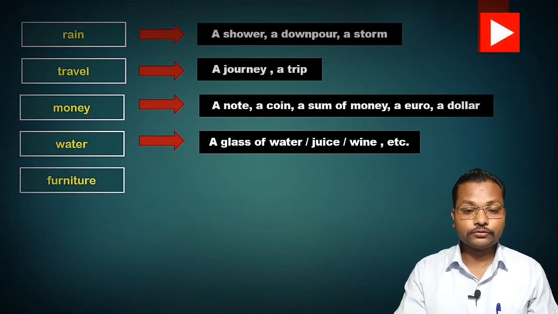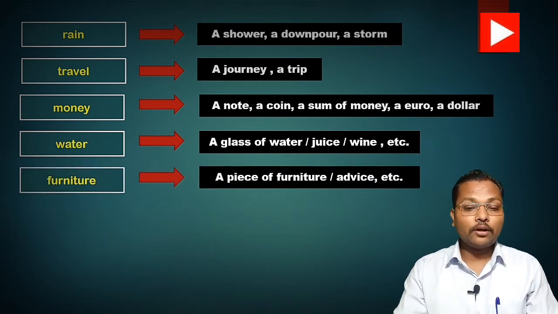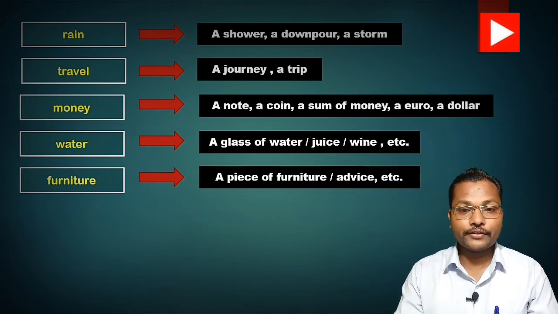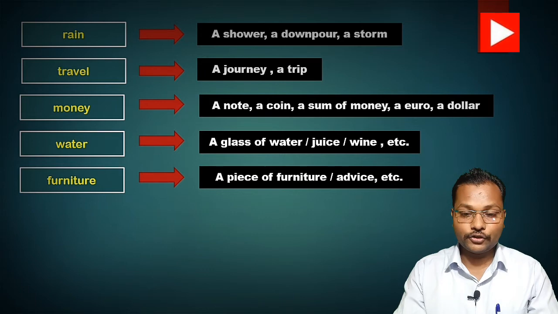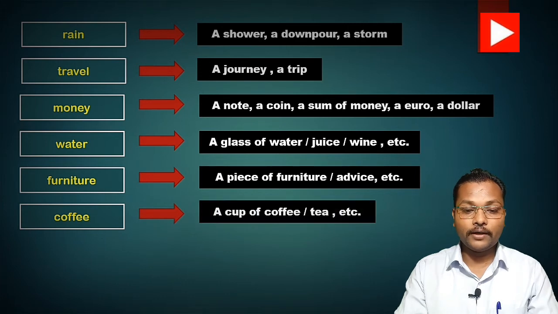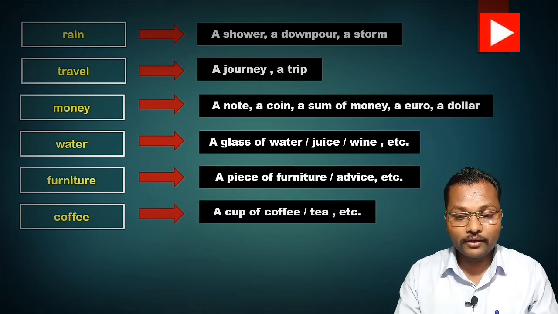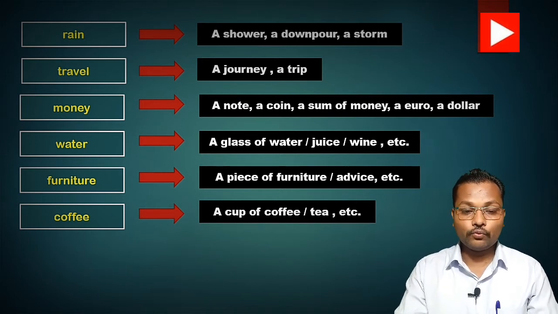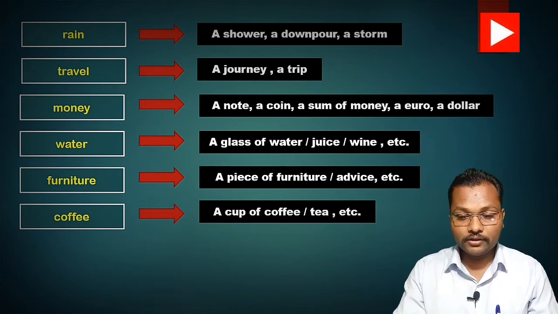Furniture. A piece of furniture, and a piece can also be used for advice, a piece of advice, etc. Coffee. Coffee is an uncountable noun, but we can count coffee by saying a cup of coffee, and a cup is also used for tea, so we can say a cup of tea.